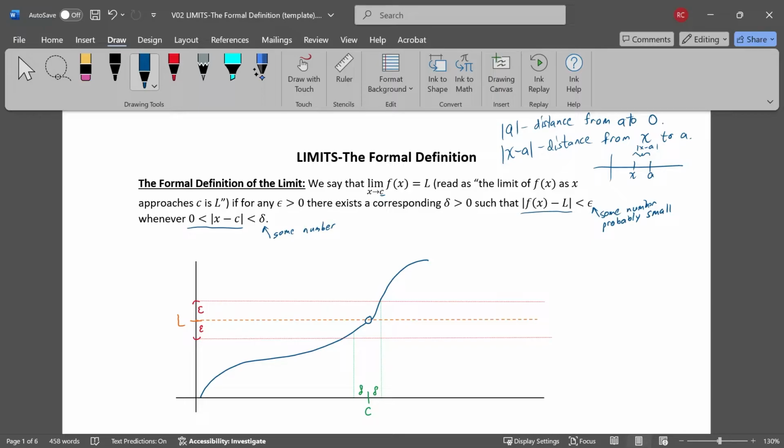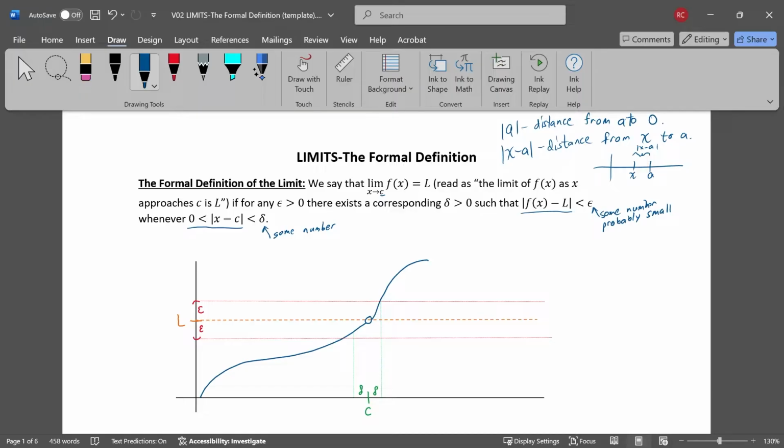So if we think back to the intuitive definition of the limit, the intuitive definition of the limit says, for a close enough value of x, the y value gets arbitrarily close to L. That's all we're doing here, is putting that into formal language so that we have more precise tools to work with.